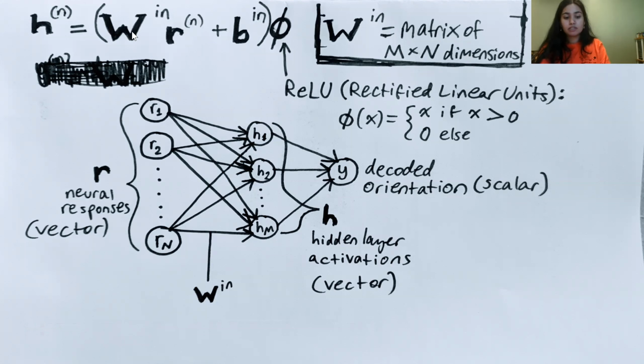The weight matrix determines the strength of these connections. This one is the input connection strength, while there would be another weight term over here for the outward going ones from the hidden layer.